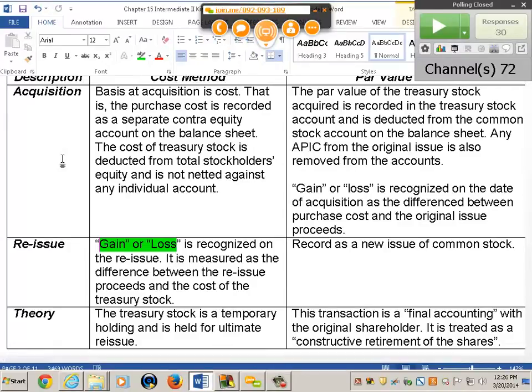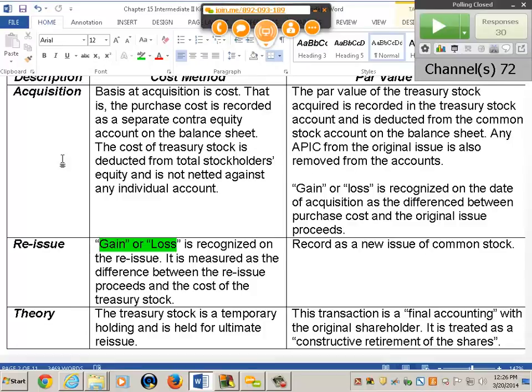If you sold common stock 40 years ago, when you buy it back as retirement or as a par value method treasury stock, you then unravel the original sale. You remove the par value, you remove the paid-in capital from the original sale of stock.